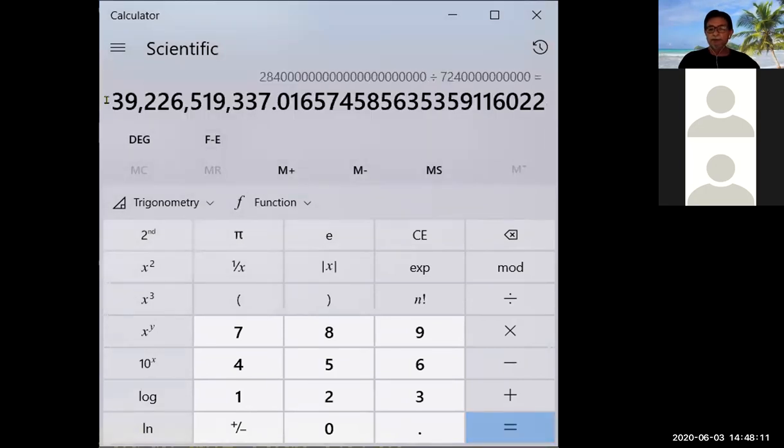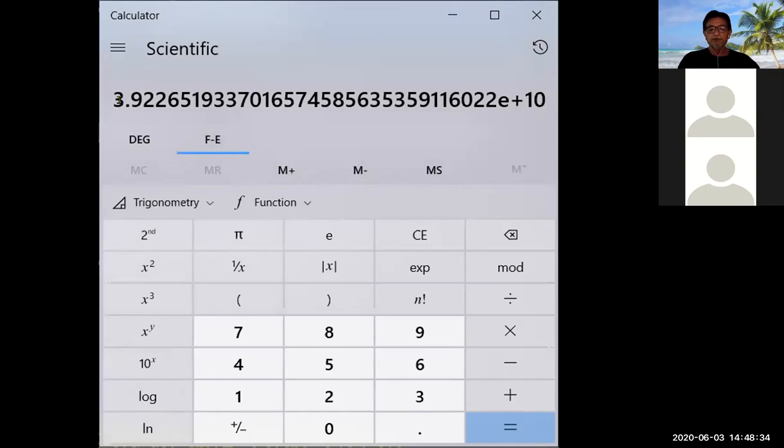And your calculator may give you this big, gigantic number, okay? Convert that to scientific notation. You may have a button called SCI, or you may have this button that I'm pointing to, FE, where it goes from fixed to engineering. If I click it, it puts it in scientific notation, okay?